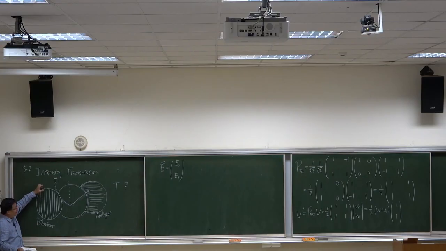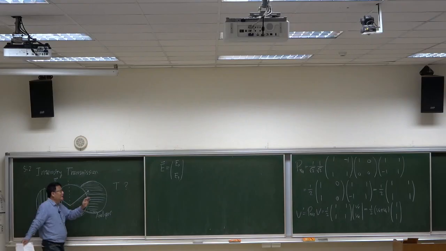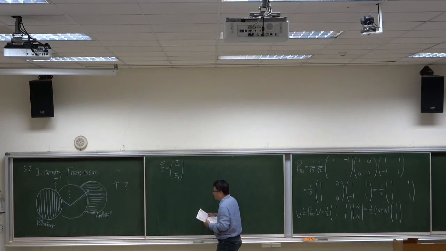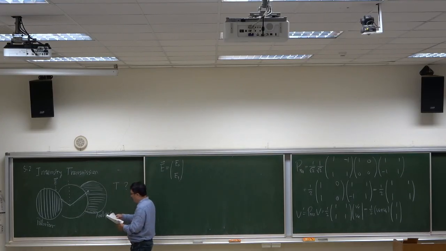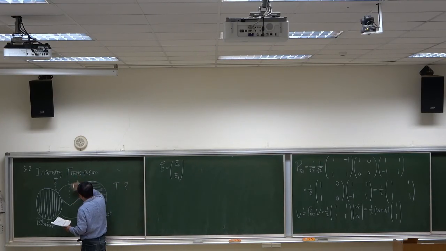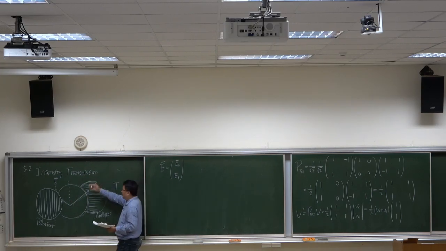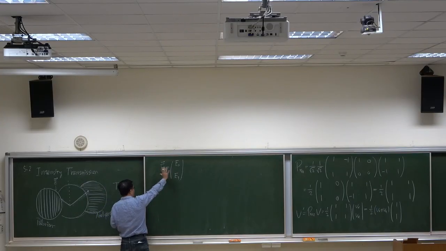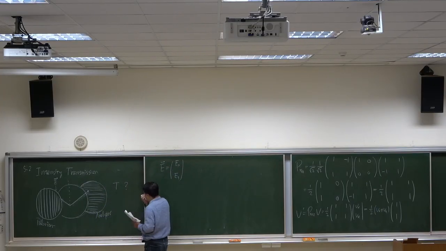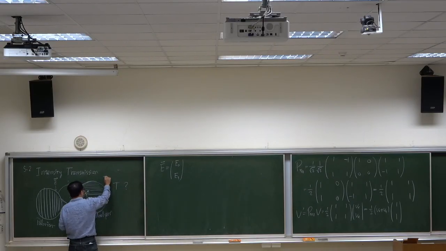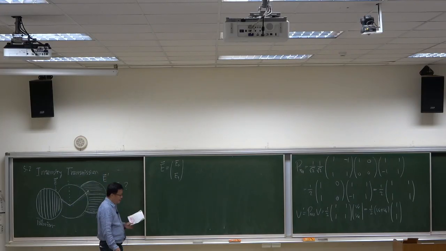Okay? And this polarizer polarizes the light into this polarization state. And in between these two polarizers, this wave plate changes the E vector. And finally, after penetration through this analyzer, we get the final polarization E prime.